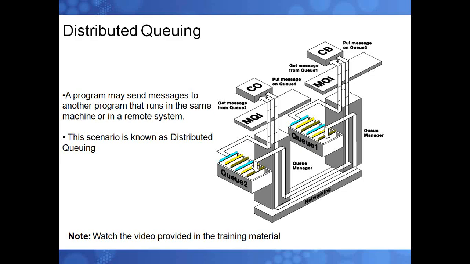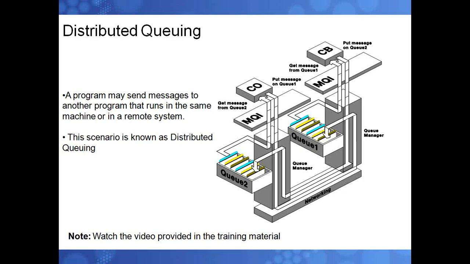So how do you communicate with a remote system? If we have a queue manager in our local system and an MQ in a remote system, how are these two applications going to communicate? That functionality is achieved by distributed queuing. Using the distributed concept, we communicate with remote machines which are in other networks.